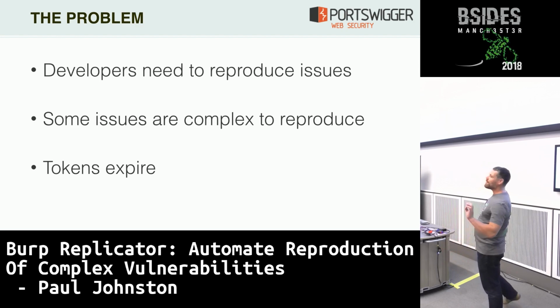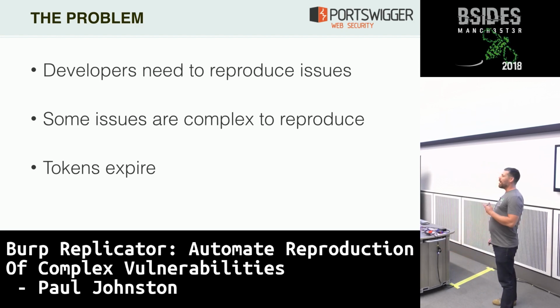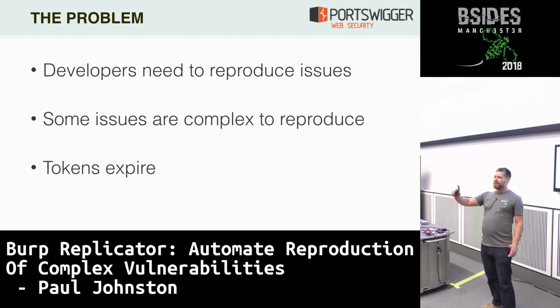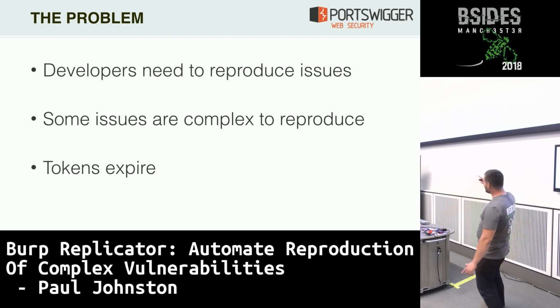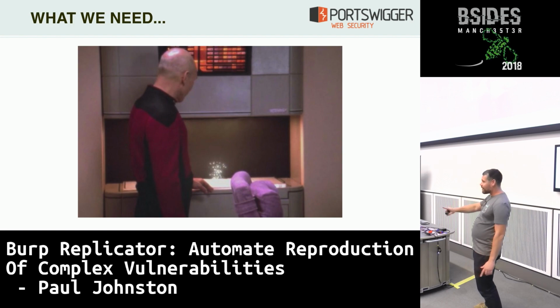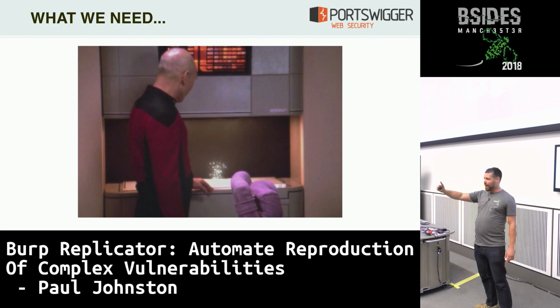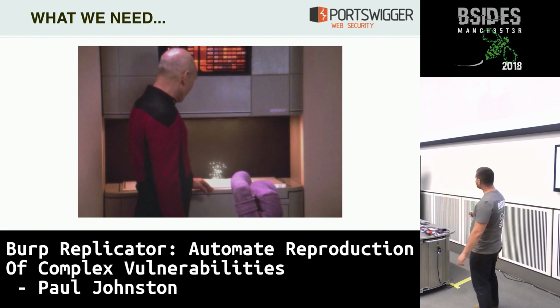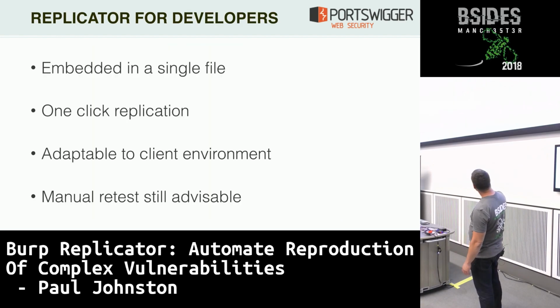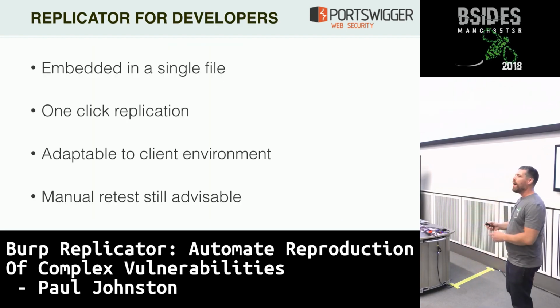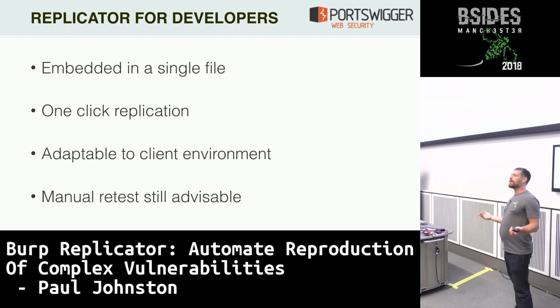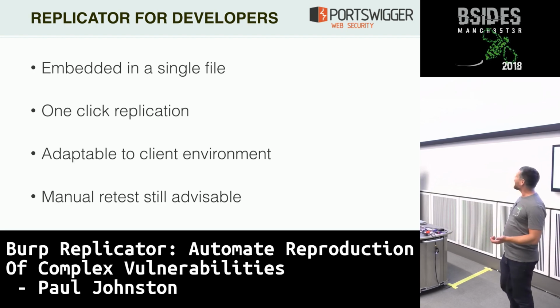Now, the difficulty of this led me to think, what if reproducing vulnerabilities was as easy as saying tea, Earl Grey, hot? And that led me to design this extension called Replicator.